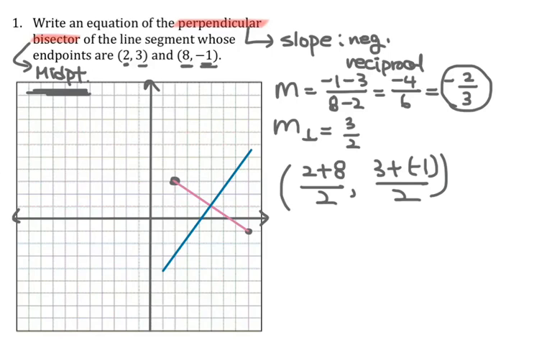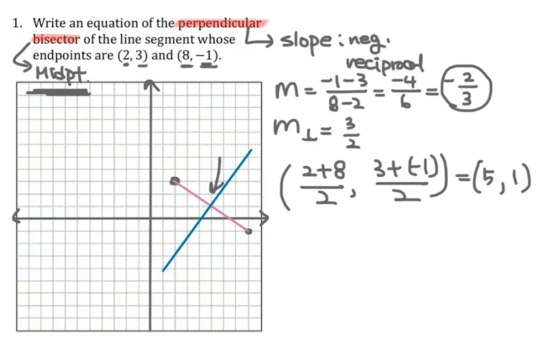That will get us the midpoint here. Once you calculate this, 2 plus 8 becomes 10, divided by 2 is 5. How about 3 plus negative 1 is 2, divided by 2 becomes 1. So 5, 1 is our midpoint. And you can visually see from here that it seems like 5, 1. I guess I did an okay job.